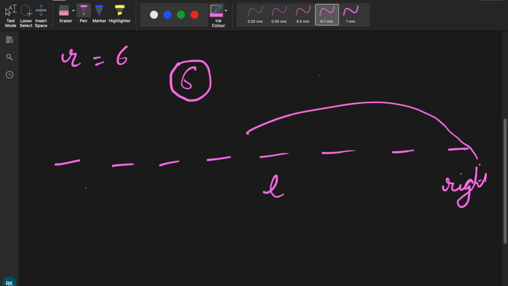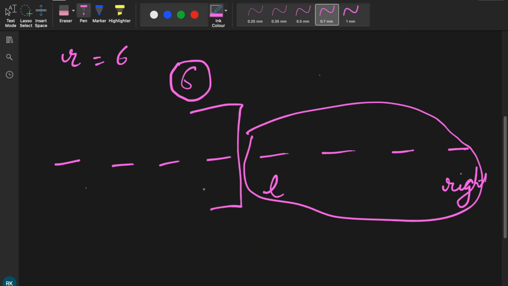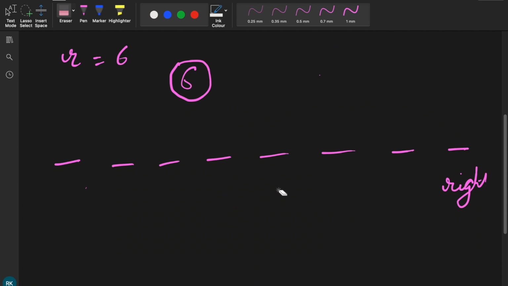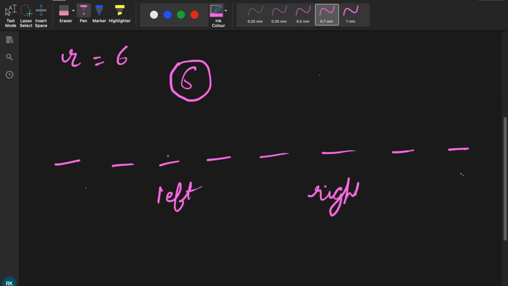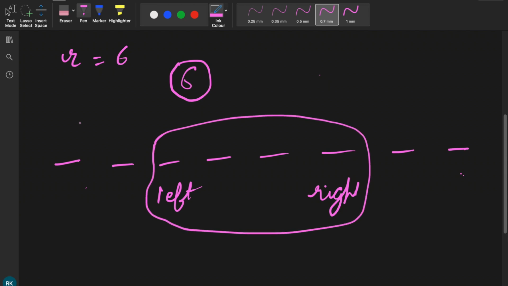So we will remove this entire portion, and the remaining front part will be a subsequence of s. And the third is that left can be somewhere in the middle, right also will be somewhere in the middle, and we will remove this middle part, and the left part will be a subsequence of s, and the right part will be the remaining subsequence of s. So in these 3 ways the answer can be formed.